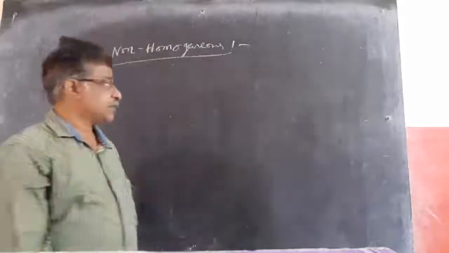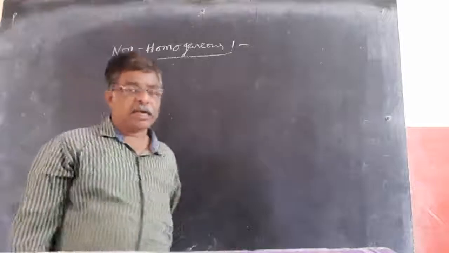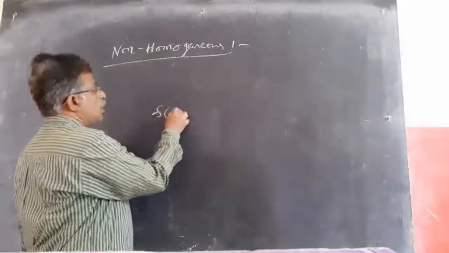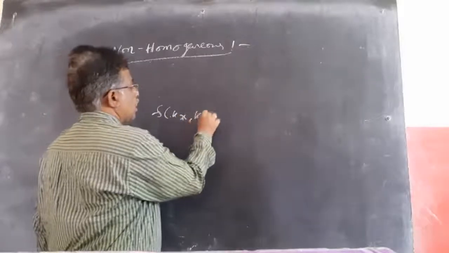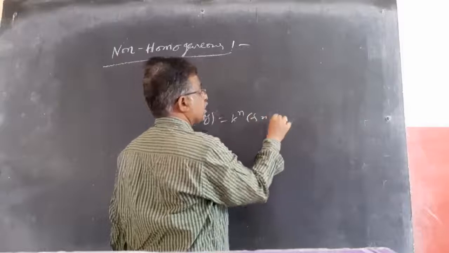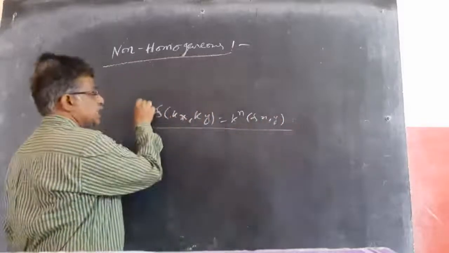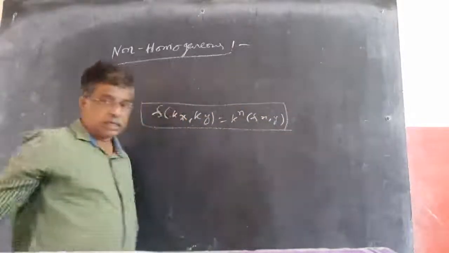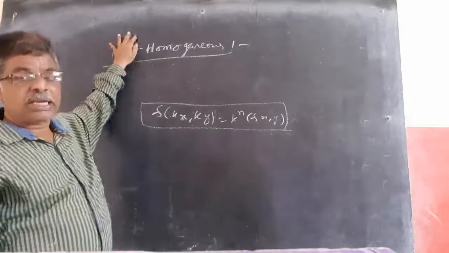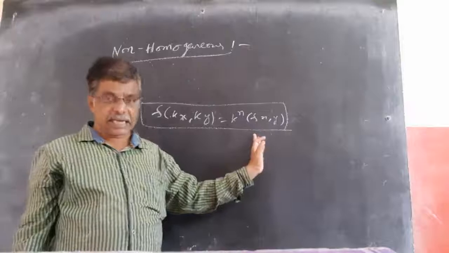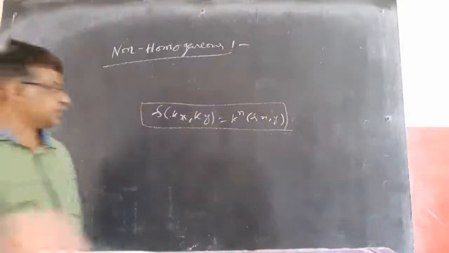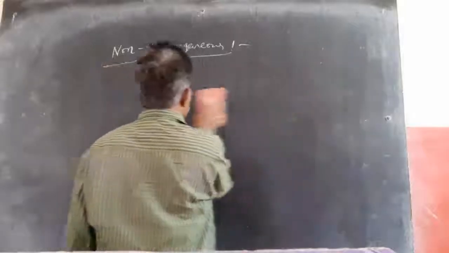A homogeneous differential equation is f of kx comma ky equal to k power n into f of x comma y, which gives a homogeneous differential equation of order n. What is non-homogeneous? If you cannot write like this, then it is non-homogeneous. Means all are not of the same degree.